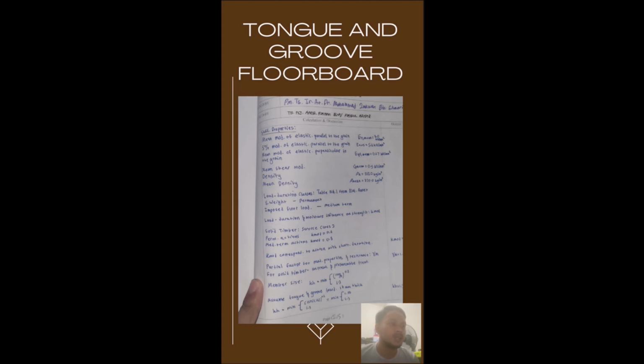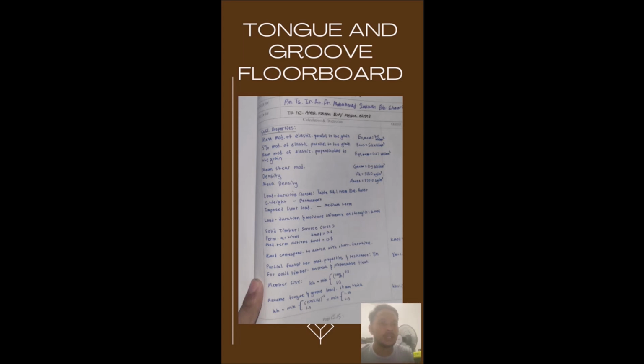Mean shear modulus, 0.5 kilonewton per millimeter square. Density, 310.0 kilogram per meter cube. Bin density, 320.0 kilogram per meter cube. Load duration class, table from the National Annex.